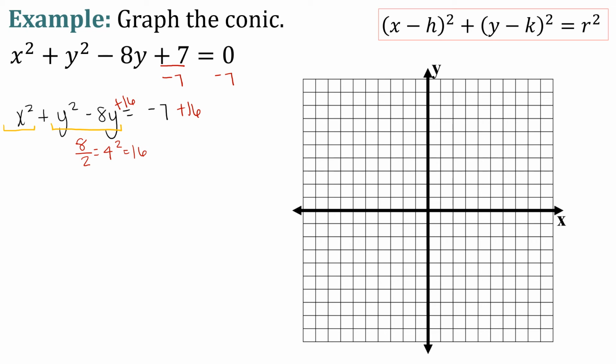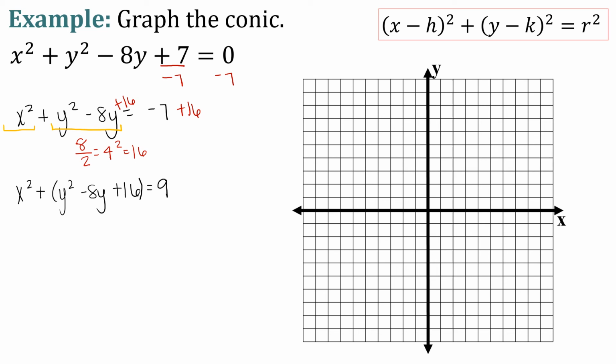Remember, our saying for completing the square was half it, square it, add it to both sides. So we're going to leave our x squared alone. And then we have y squared minus 8y plus 16 equals, and then negative 7 plus 16 should be 9. Yes, I'm going to double check before I have a mathematical error on a video.